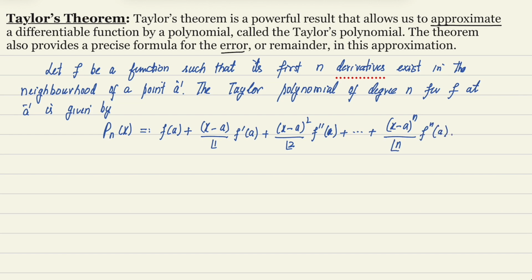So this is how we define the Taylor polynomial approximation of a function which is differentiable at least n times.